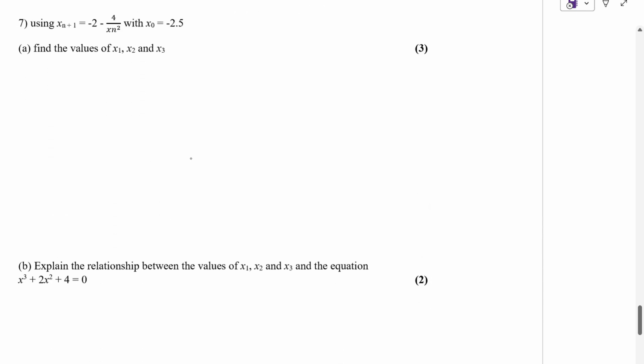Okay, final question of the lesson. Part A, we're finding x1, 2, and 3. And for part B, we've got to explain the relationship of those values to this equation here. So starting off, we're going to sub in our value of x0 equals minus 2.5 into this formula here.